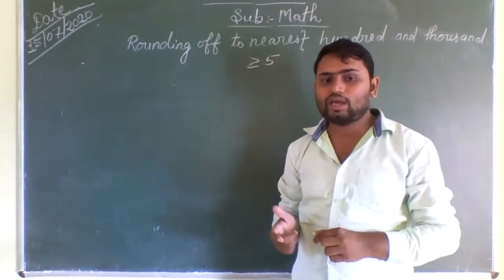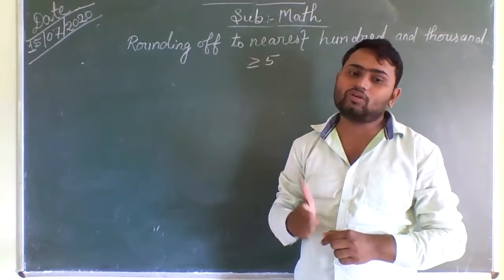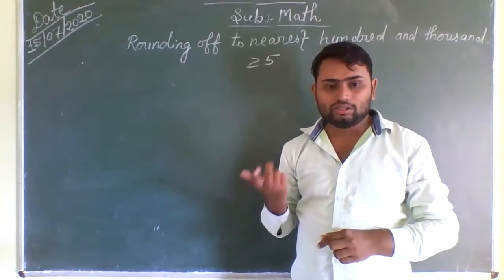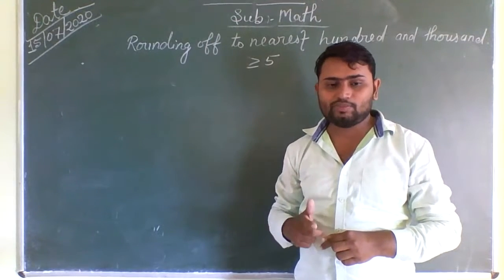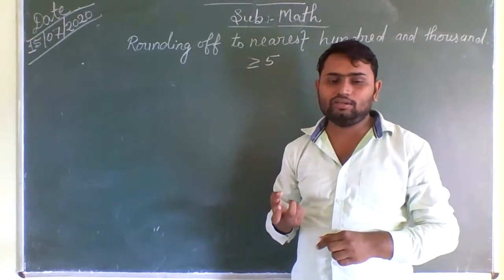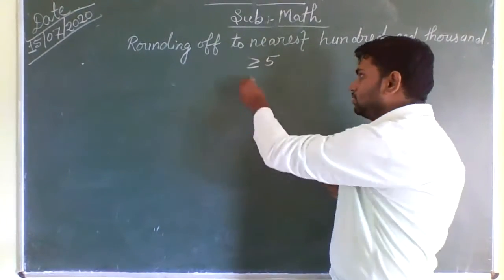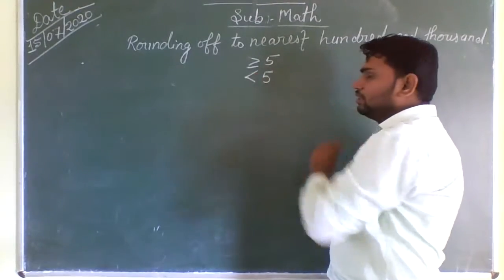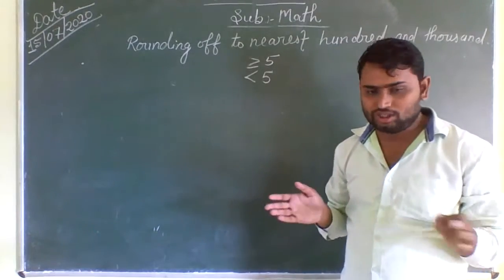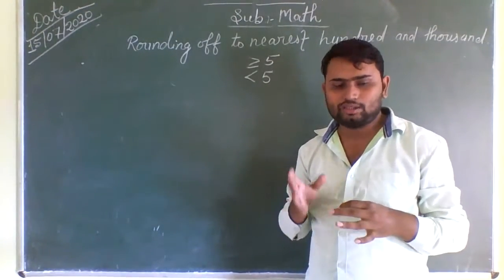That is when the digit at the tens place is greater than or equal to 5. In the second condition, the digit at the tens place, just behind the hundreds place, is less than 5. In that condition, we will not make any change to the digit at the 100 place.